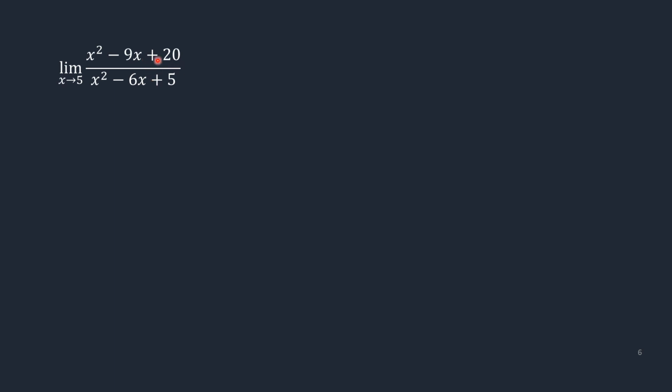First, factorize the polynomial in the numerator. Here the coefficient of x square is 1. So 1 multiplied by 20 will be 20. We have to find two factors of 20 so that their sum will be minus 9.